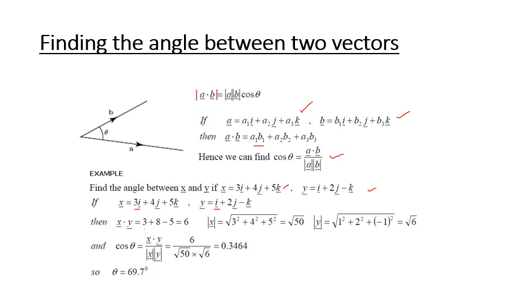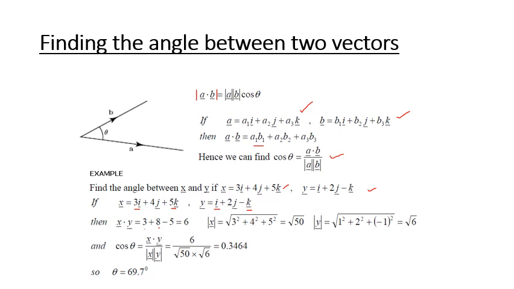Similarly 4j, and in the y vector you have 2j. So 4 into 2 is 8, and j dot j becomes 1, so forget about it. What is the last component? 5k in the x vector and minus k in the y vector.